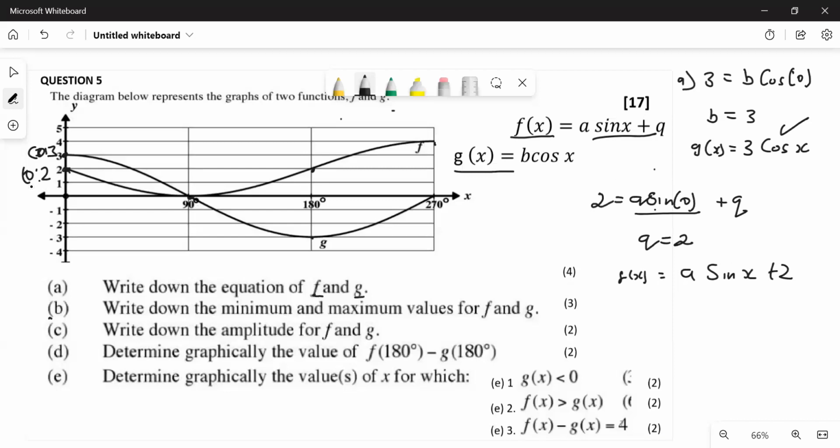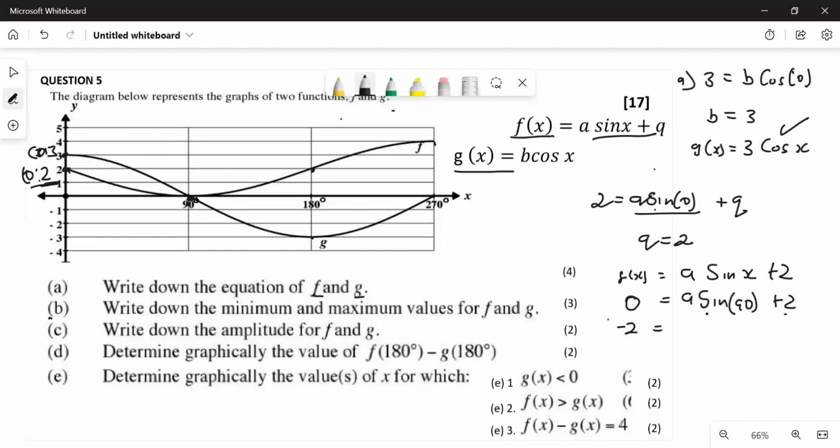Now you can choose any other point. If you already used this one, you can't go back to that one. Let's use another one. If we use 90, you're going to say y is 0. If y is 0, then you have a multiplied by the sine of 90, plus 2. Take this 2 to the other side, you have minus 2.